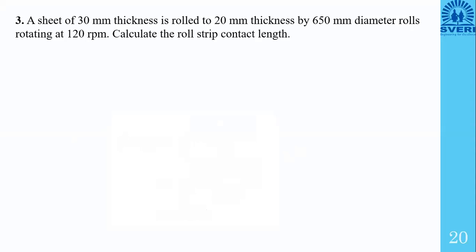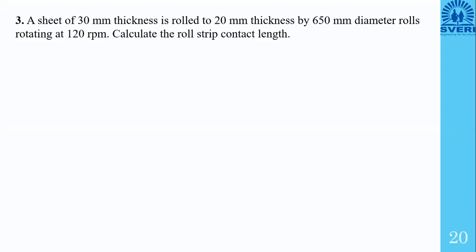If you take another simple example: a sheet of 30 mm thickness is rolled to 20 mm thickness. So Ti is given, Tf is given, both thicknesses are given to us. Initial thickness 30 mm, final thickness 20 mm. So 10 mm thickness is reduced by 650 mm diameter rolls.